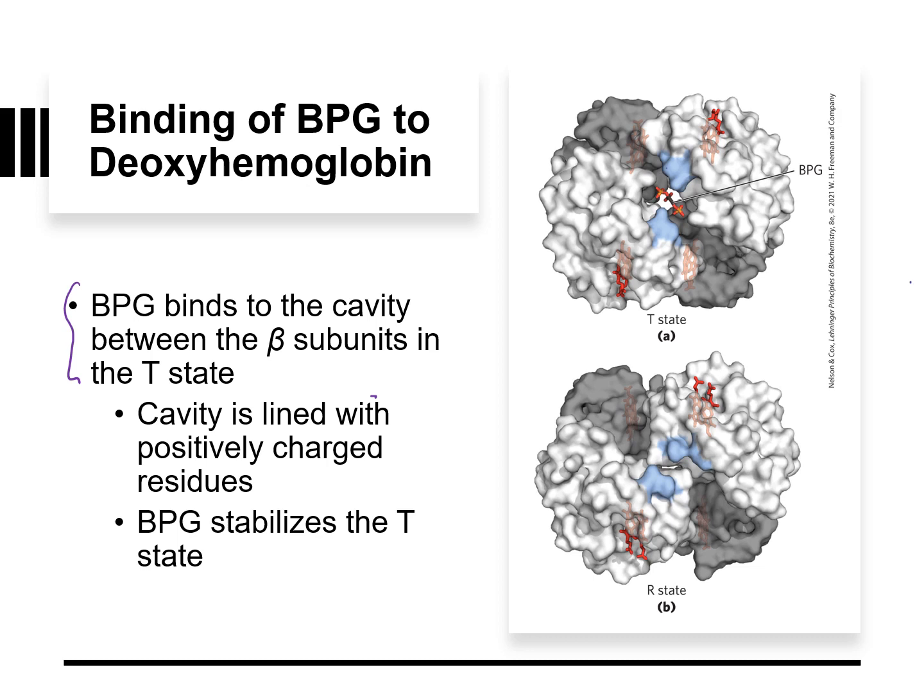So you see the BPG molecule in here, and this stabilizes the T state over and above the R state. And that's how BPG, in very simple terms, does its business. It just so happens that the cavity between the beta subunits is lined with positively charged residues. If you go back and look at the structure of BPG with its phosphates, you'll notice that it's got a lot of negative charge, hence its ability to bind in this cavity.